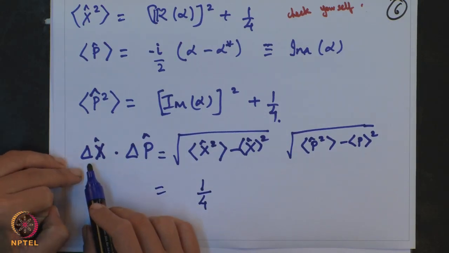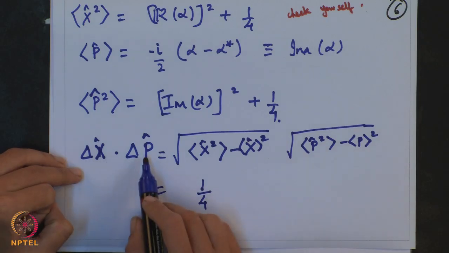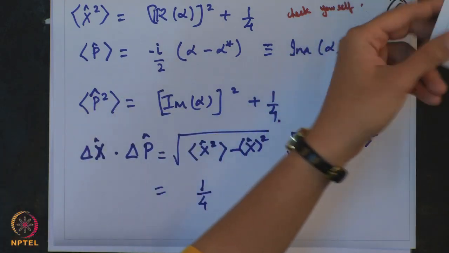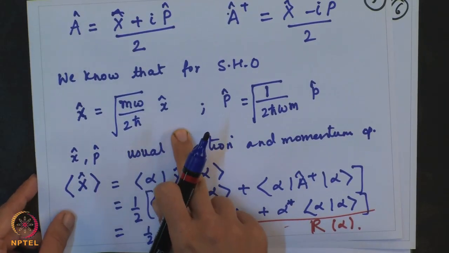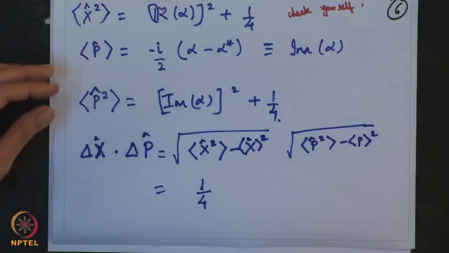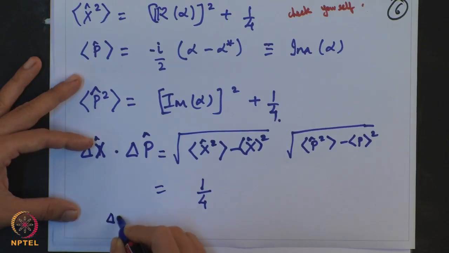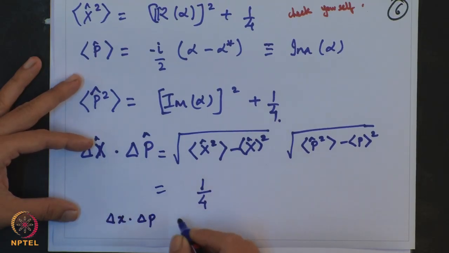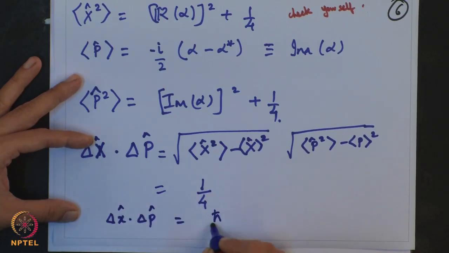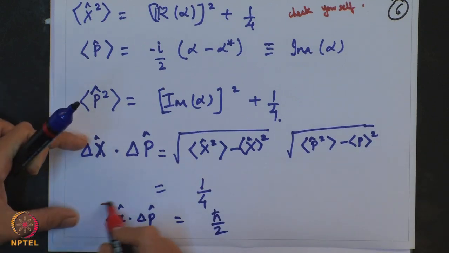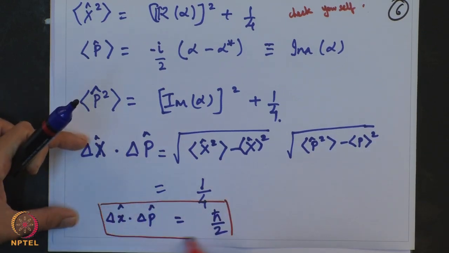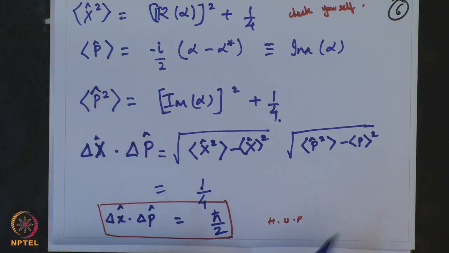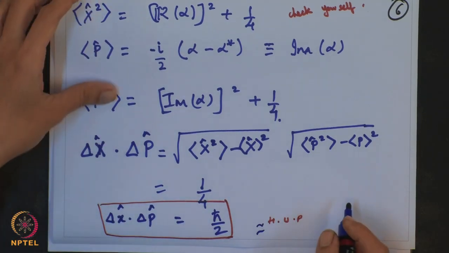Now, you will substitute for capital X and capital P in terms of small x and small p. This is what we have, right. So, when I substitute for these, I get delta x dot delta p, in the operator notation, let me be very explicit. This relation is nothing but the Heisenberg uncertainty principle: delta x dot delta p should be greater than or equal to h cross by 2, okay, right.